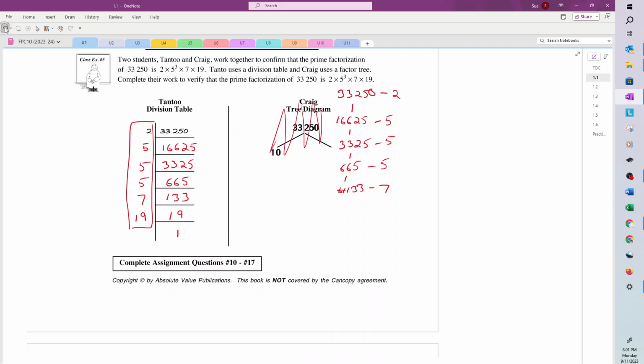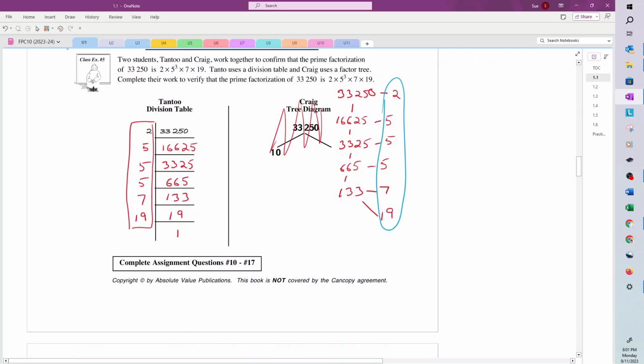Let me just clean this up a little bit. I just tend to write it like this so that all of my factors are in a nice, neat column, and they're all together, rather than put the 19 down here where it's not in the same place.